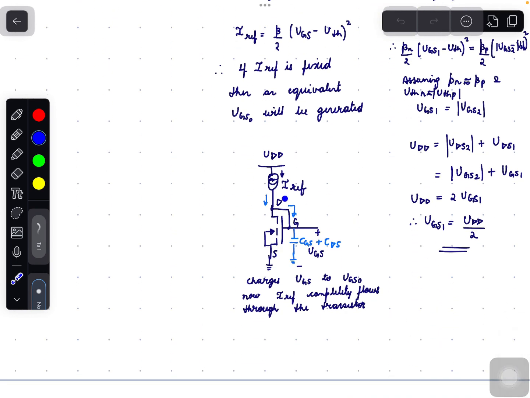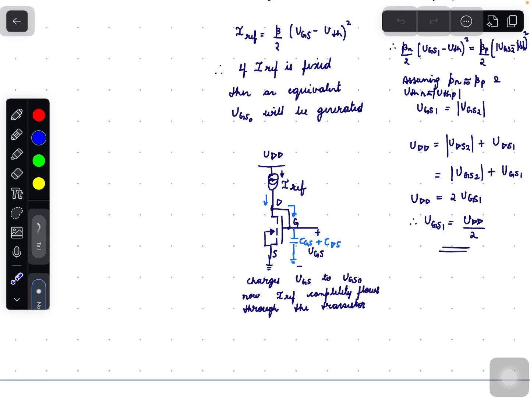The IREF current initially flows through drain to source and also through drain to gate, and this charges the capacitance CGS to a value equal to VGS naught, such that the entire IREF current can flow through drain to source.